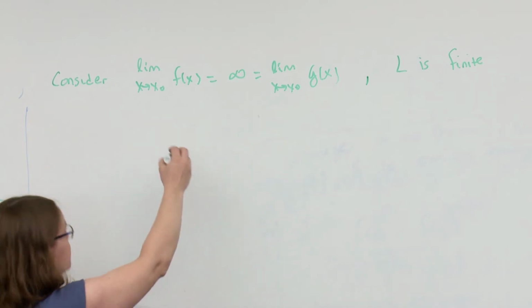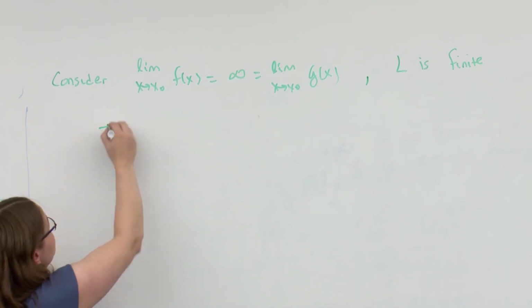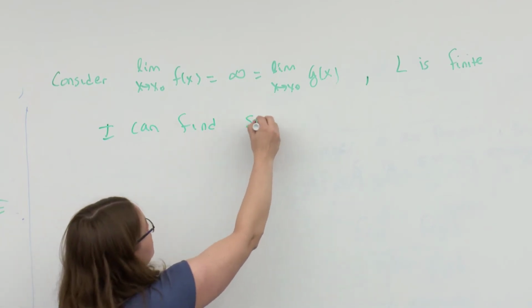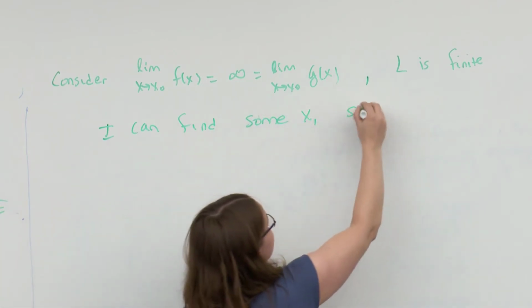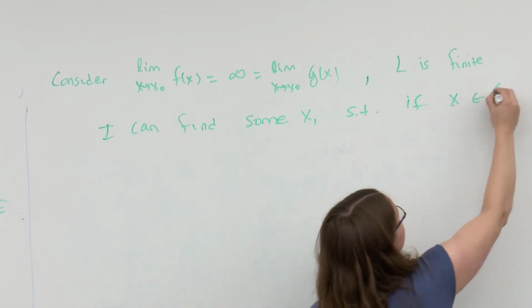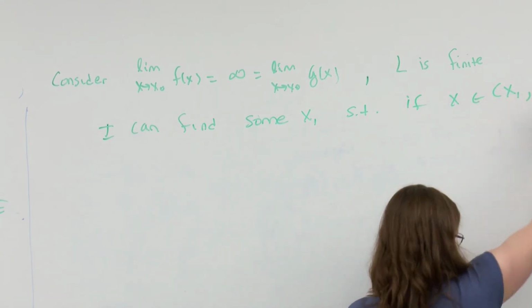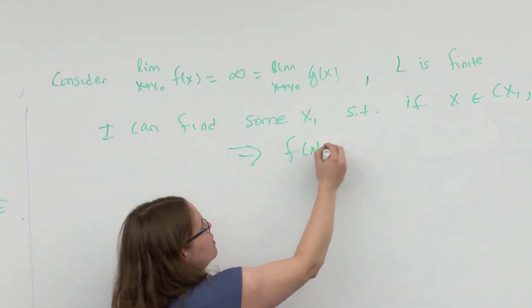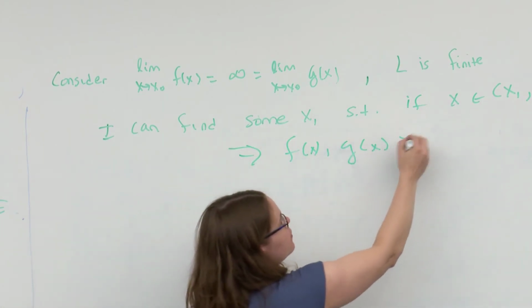So for this case, I can find some x value x1 such that if x is between x1 and x0, then certainly f and g are bigger than 0.